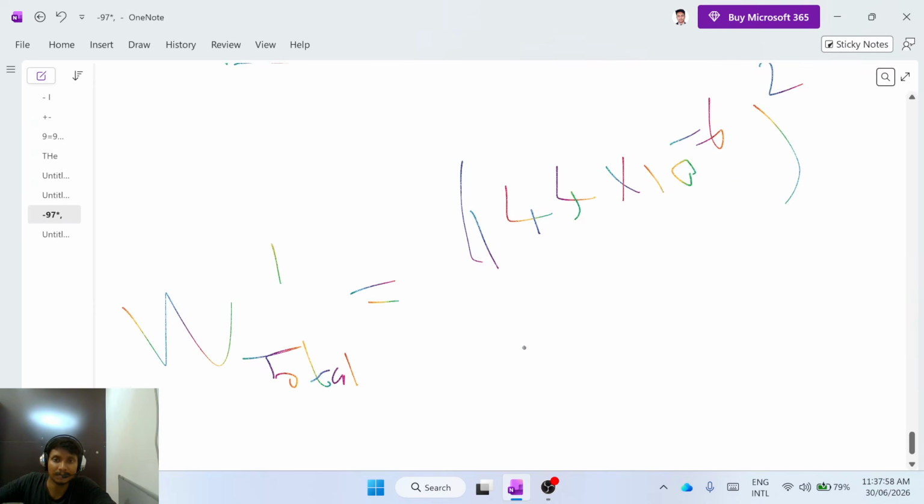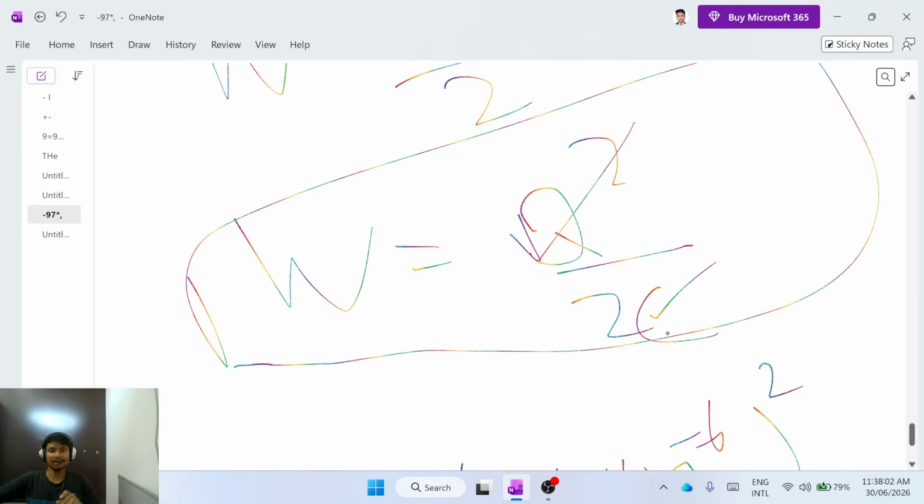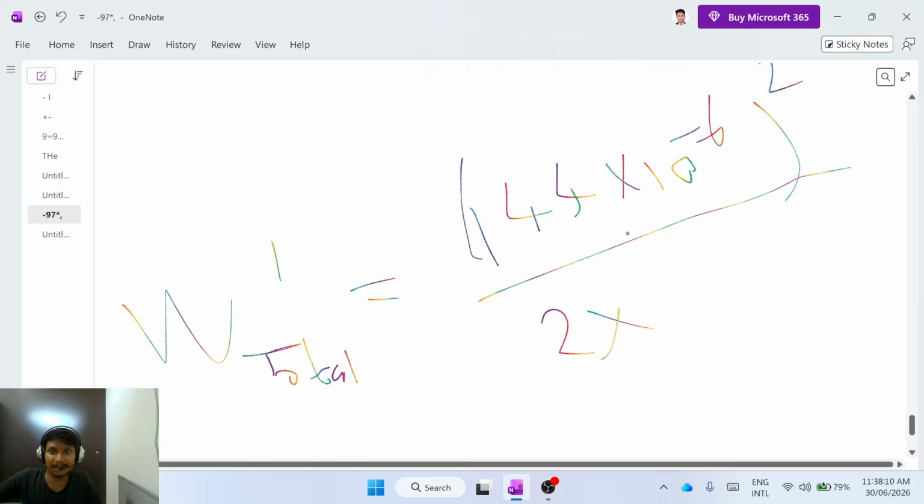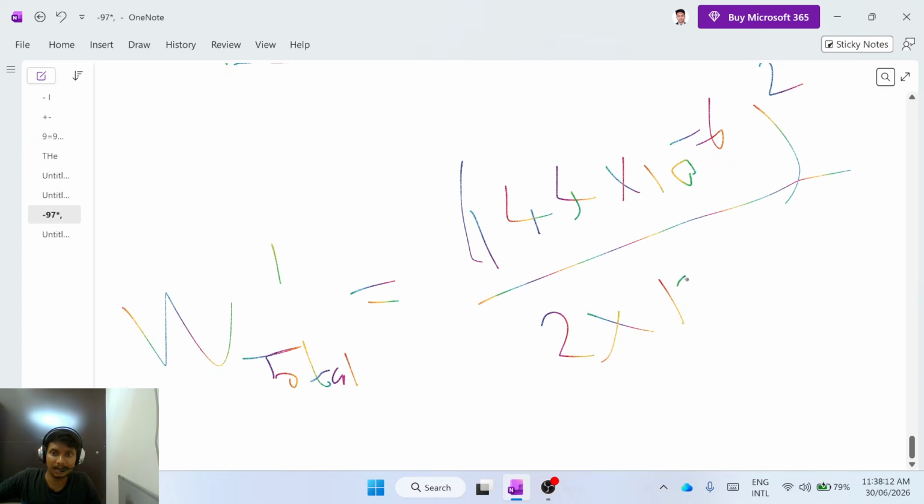This is C equivalent. What is the C equivalent? C1 plus C2. They are both 13 microfarad. That is 13 into 10 to the power minus 6 farad.